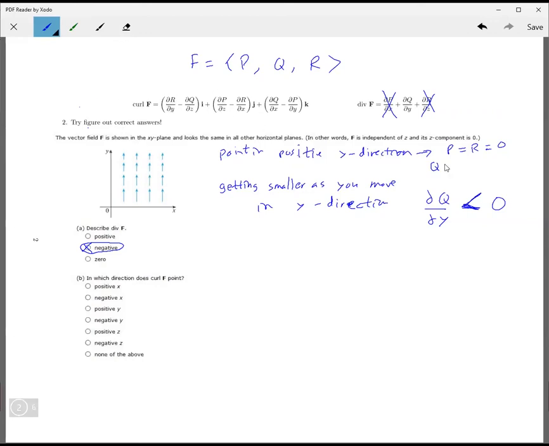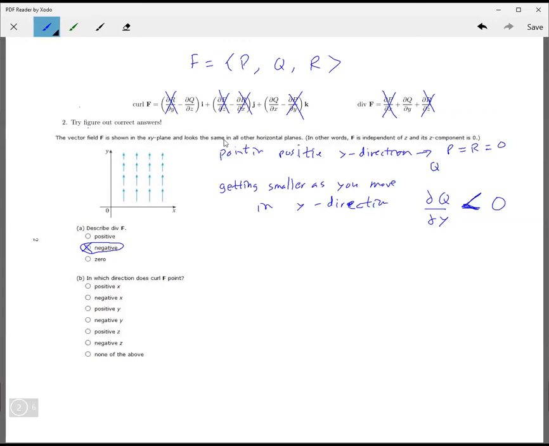Great. Now, because p and r are 0, that one and that one are gone, right? And it's only dq/dy that really matters. As you go to the right, they're staying constant.